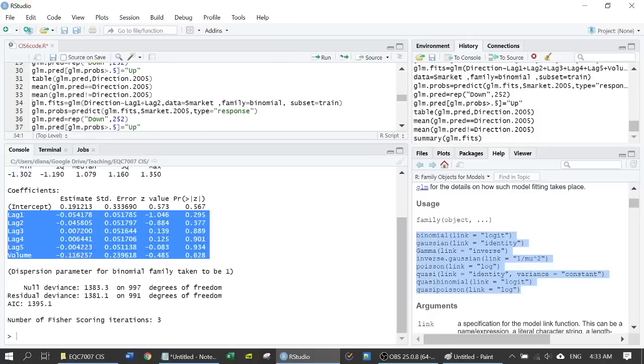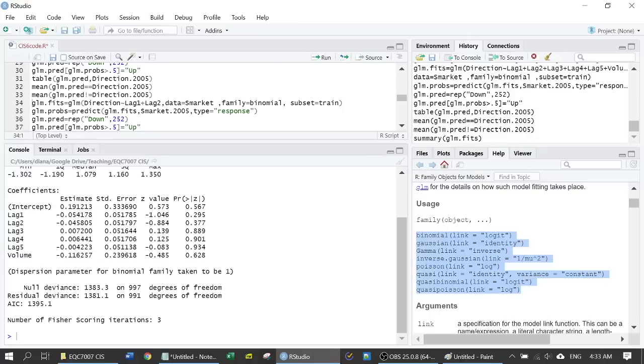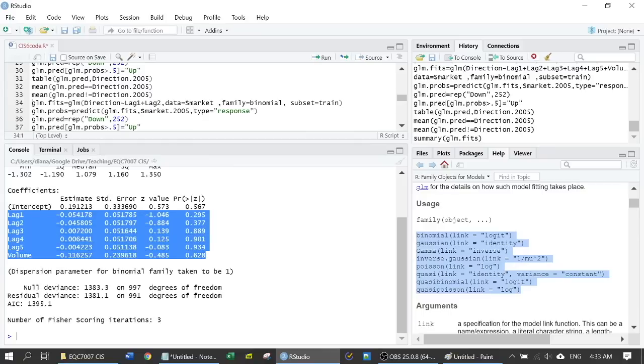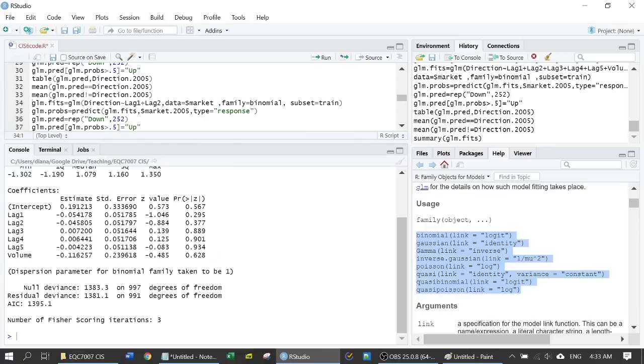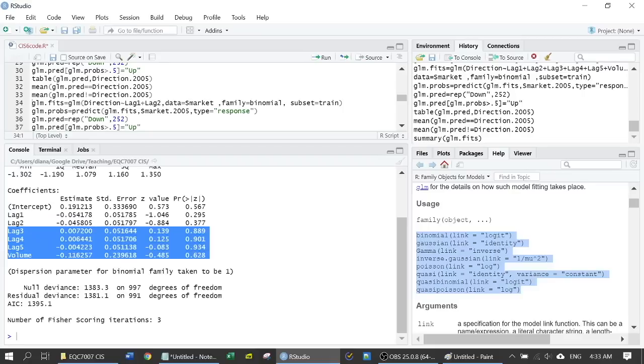None of the p-values are actually significant, but at least you can see that for Lag1 and Lag2, the p-value is smaller compared to the others. So we probably want to remove all the variables that have no relationship with the response variable, as they may cause a deterioration in the test error rates.